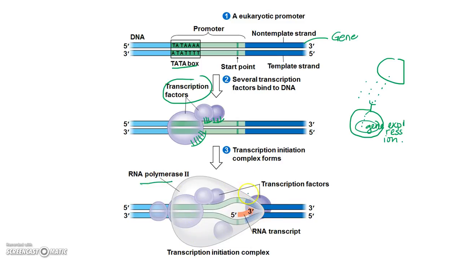It's going to be able to initiate, all right? And once this enzyme can come in and initiate, then we're going to start making our mRNA transcript down here, okay? So we don't make mRNA, we don't copy a gene until the transcription factors are present, because why would we want to make a protein we don't need? So the transcription factors, they're kind of like our signal, and we wait for them to bind before the RNA polymerase comes in, okay?